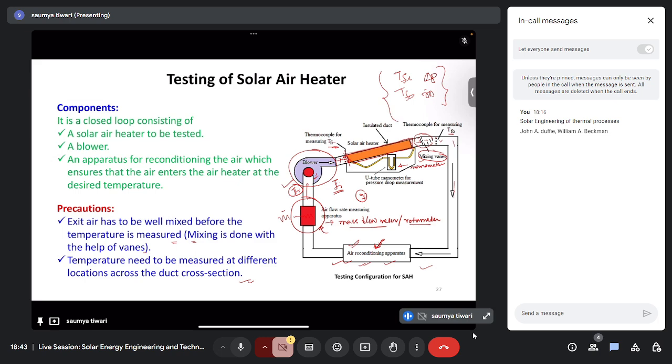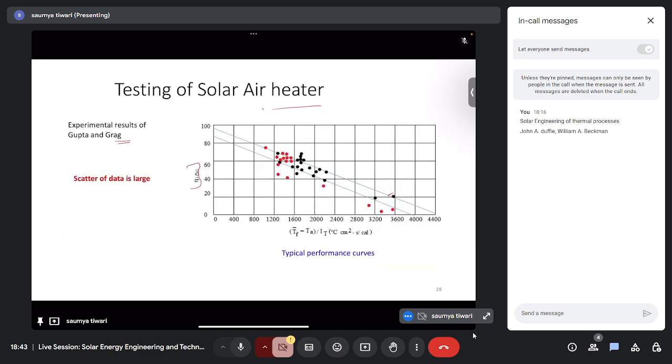Based on these values, we plot efficiency against this factor. So Ta is your ambient temperature, IT is your total incident flux onto the solar air heater, and Tf bar is basically the average temperature of the absorber plate and your bottom plate, right?